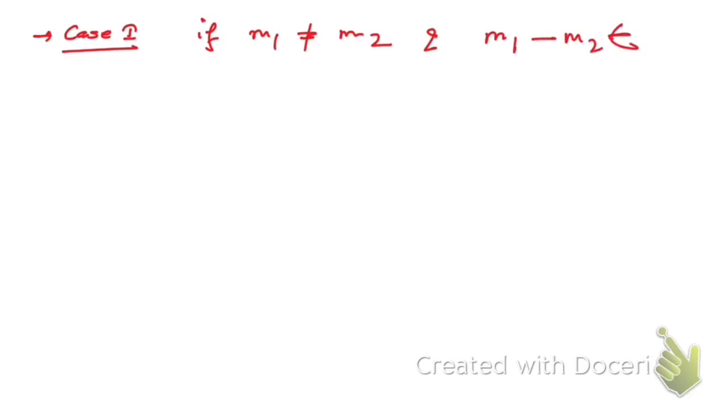You see, first one, if m1 and m2 are not equal and their difference is not an integer, m1 minus m2 doesn't belong to integers, doesn't belong to Z. In that case, your solution will be y is equal to c1 y m1 plus c2 y m2.